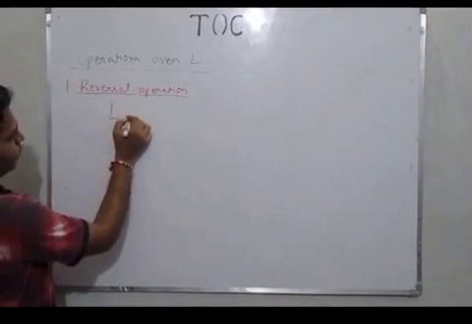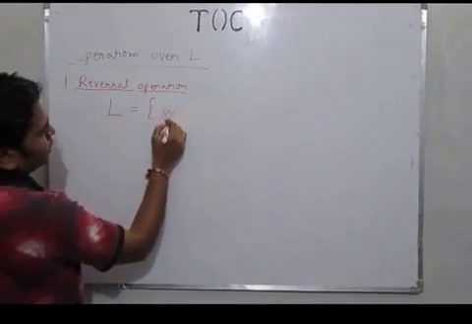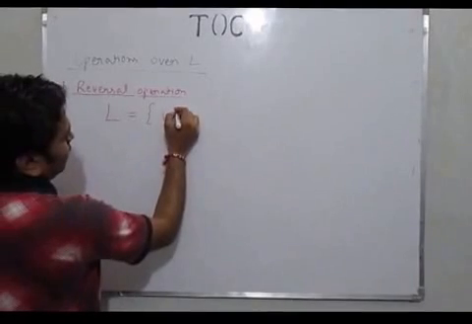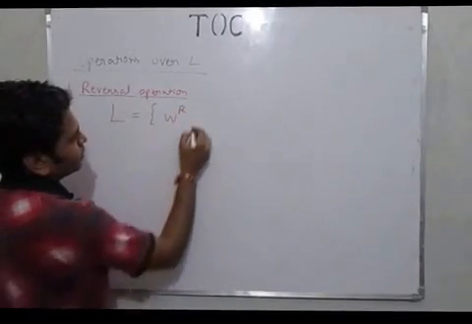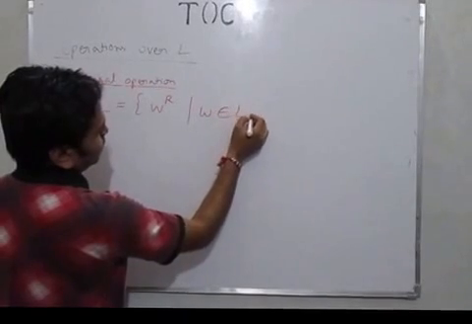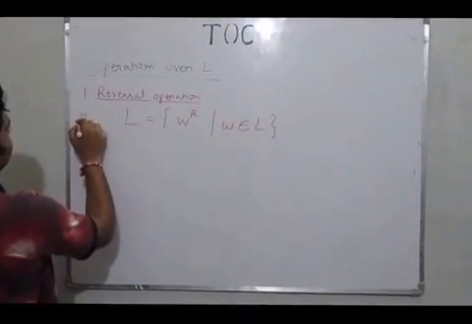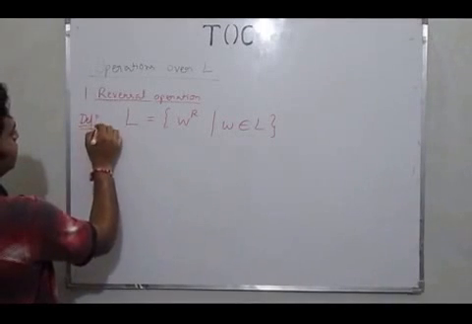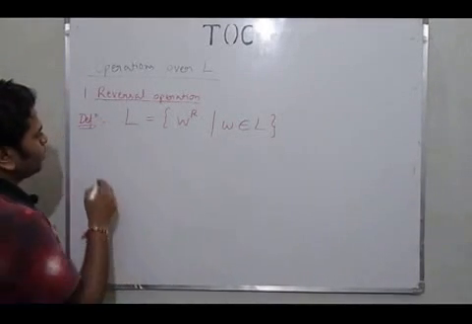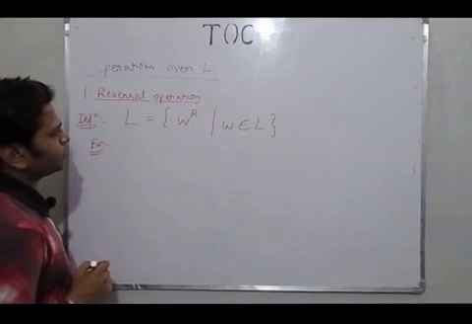So how can I perform the reversal operation? Suppose I have a language which has a string W, and I can find the reverse of it, and this W belongs to the language. It is a basic definition. This is the definition of the reversal of a language. Fine. And how can we understand it? Let us check with an example.